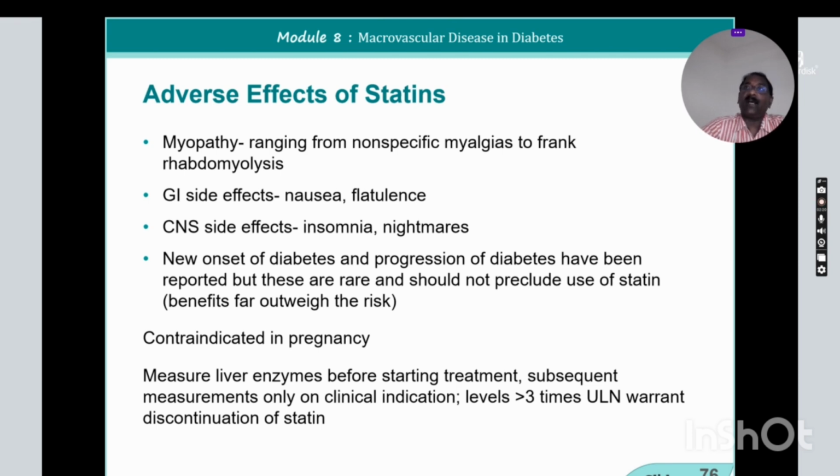Suppose you diagnose type 1 diabetes. What do you mean by type 1 diabetes? Insulin deficiency rather than insulin resistance. So for the same girl, suppose there is no family history, she is very lean, with loss of body weight and diabetes, then undoubtedly it is a case of type 1 diabetes. Even if you send the blood for GAD65 antibodies, that will be positive.